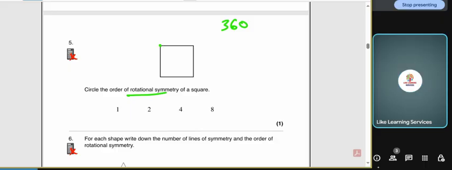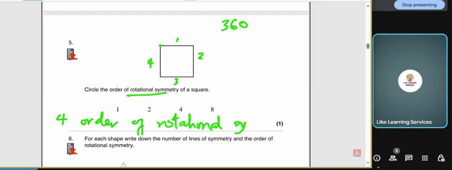So it has 4 sides, 1, 2, 3, 4. So it will have 4 order of rotational symmetry. The number of sides, if it's a regular polygon, will give you the number of order of rotational symmetry.